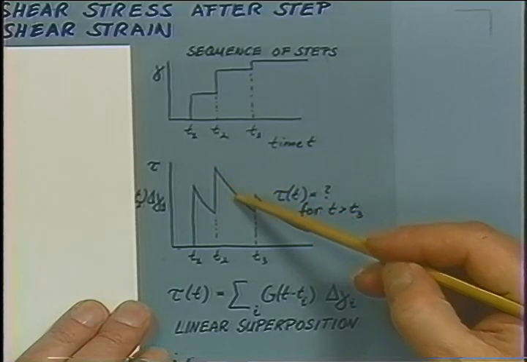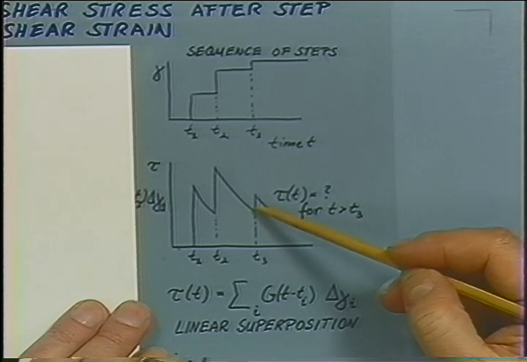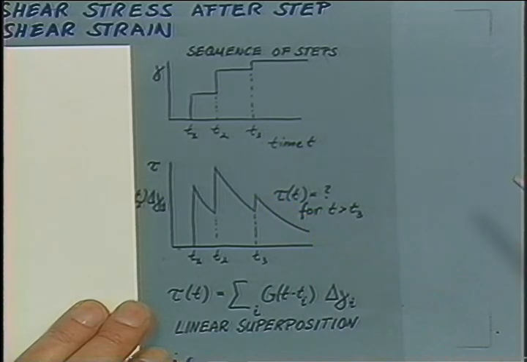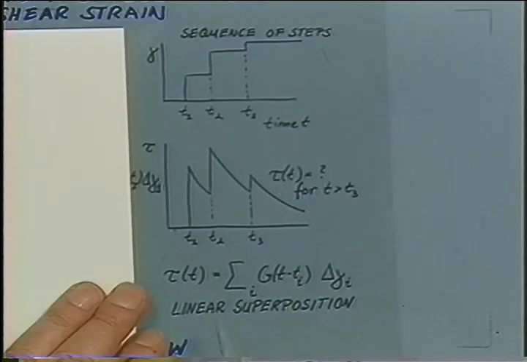And again, the stress is relaxing. And then with the next strain, we again build up the stress, and it's relaxing like that. With the linear superposition, we would say the total stress is given as the superposition of all those stress responses.